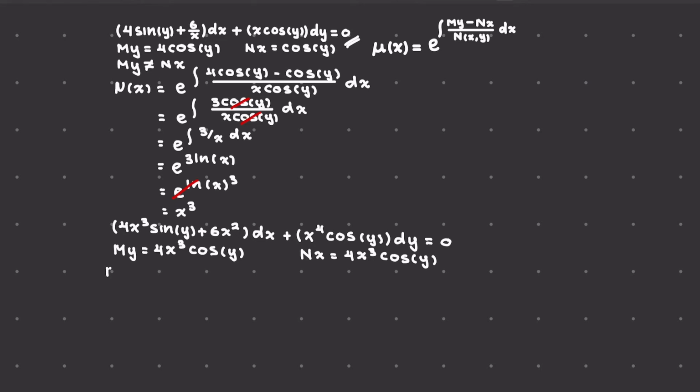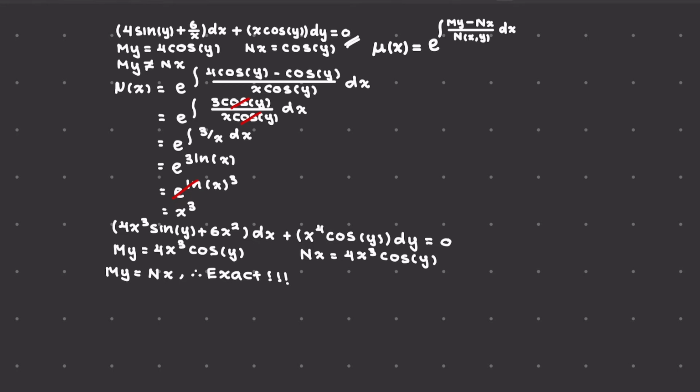We can draw our conclusion here that My is finally equal to Nx, and therefore this is an exact differential equation, and we can solve for it.